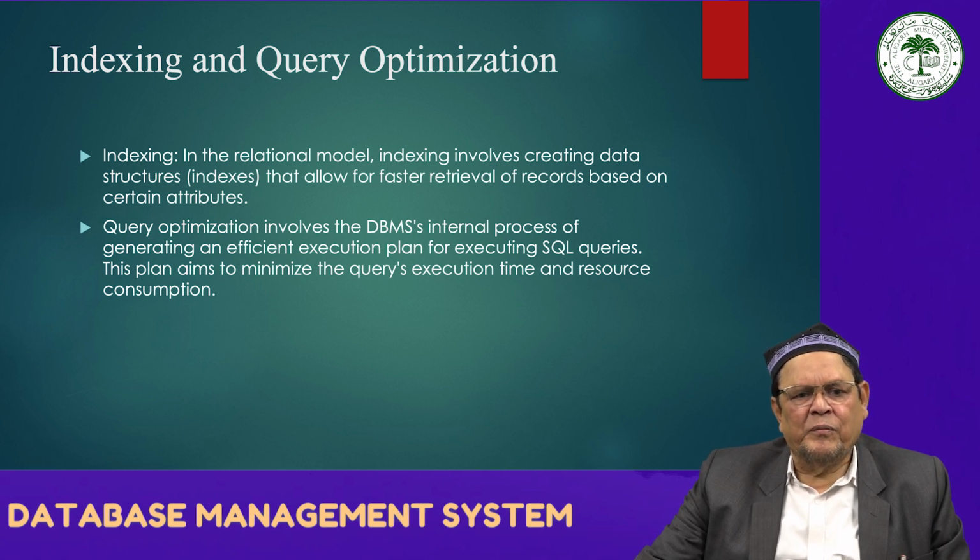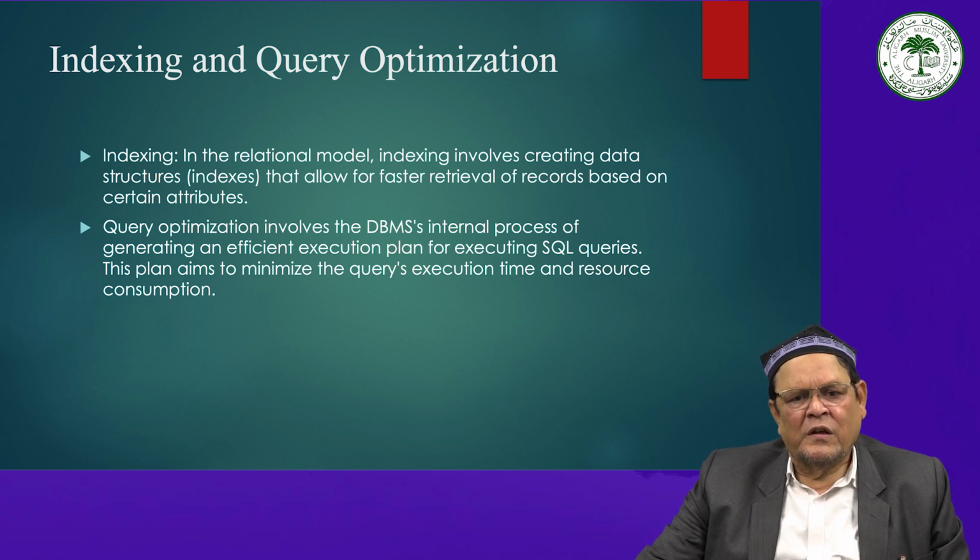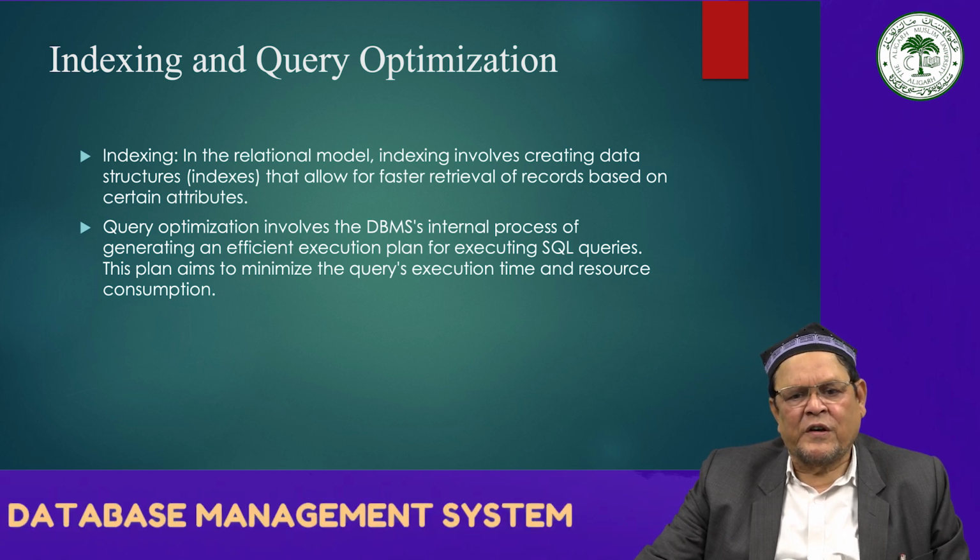Common index types include primary key indexes, which enforce uniqueness and facilitate efficient record retrieval, and secondary indexes, which accelerate searches based on non-primary key attributes. By using indexes, the database management system can quickly locate records without scanning the entire table, significantly improving the query performance.